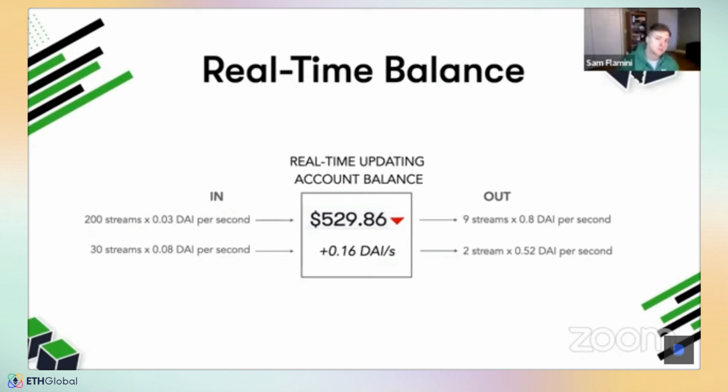Based on how many seconds have passed, we can calculate how many tokens he's lost over that period of time and whether or not he can do the state-changing operation that he wants to do based on how many DAI he has. So, if I'm trying to send more DAI than I actually have, the protocol won't let me.